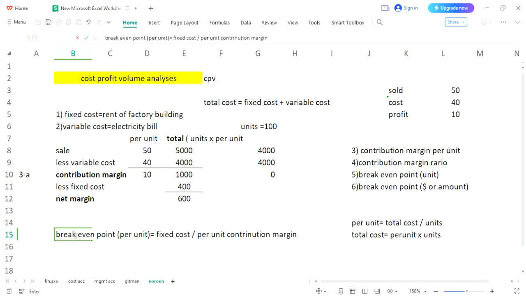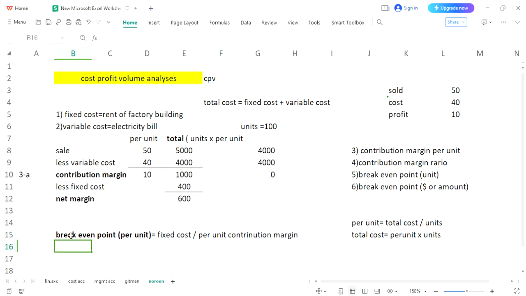Now please repeat it. Break even point you want to calculate, and this break even is per unit. So you will be calculating by dividing fixed cost with per unit contribution margin. So this way you will be able to calculate your break even per unit.